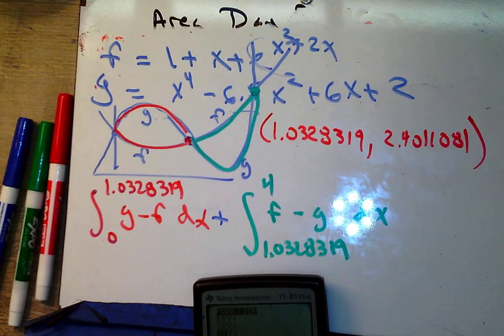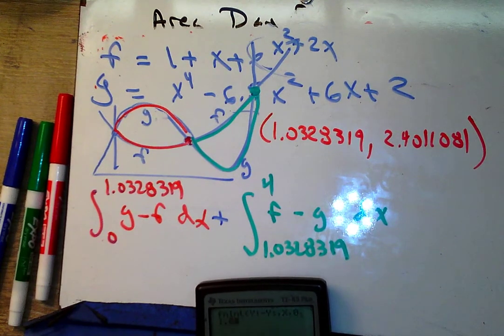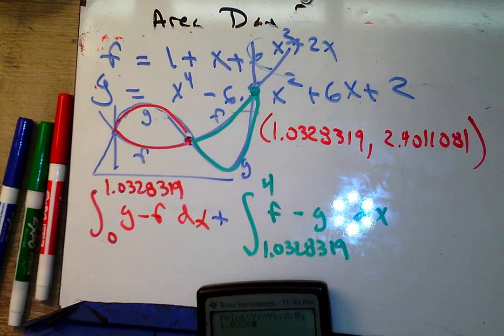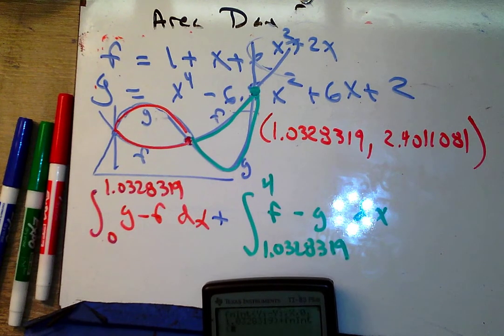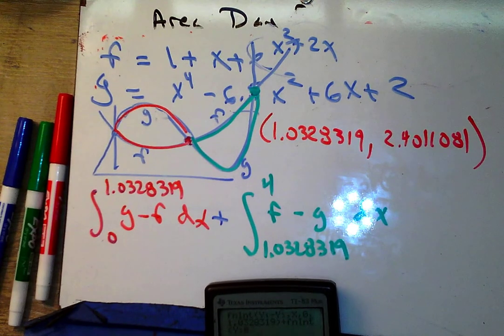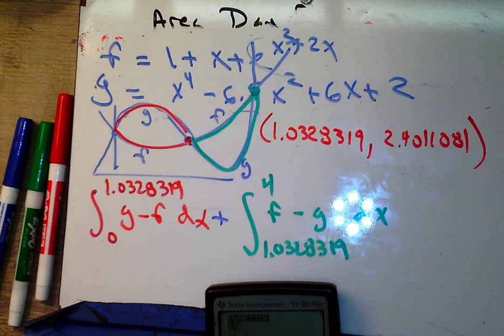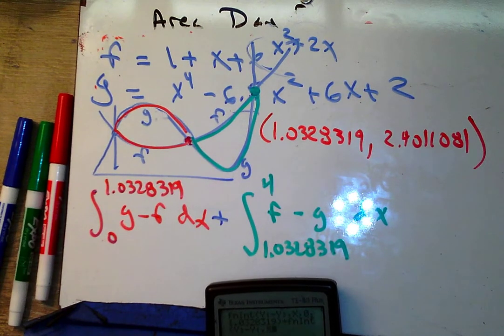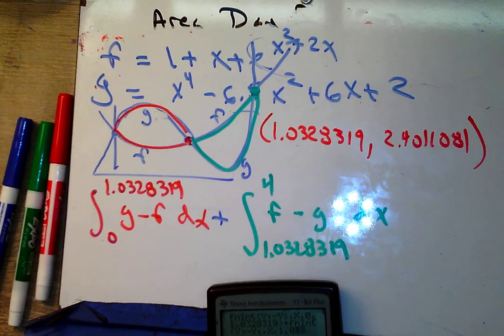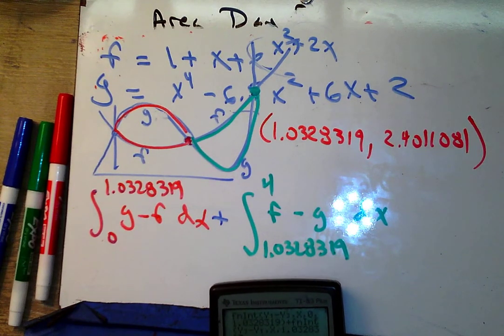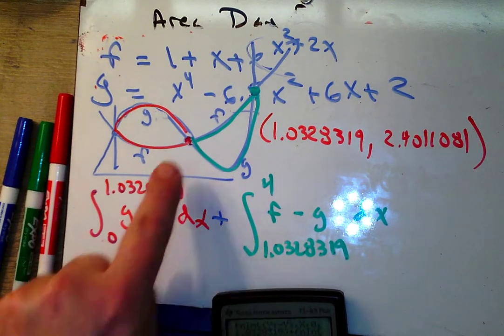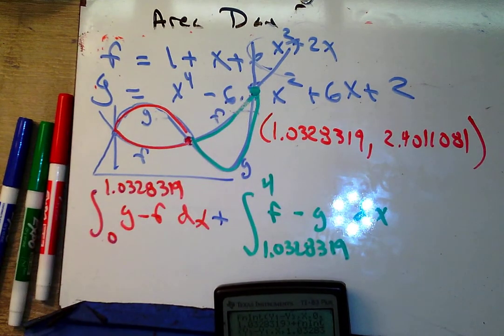I'll put this one in y3, comma x, comma 0, comma 1.0328319, plus the integral of y3 minus y1, comma x, comma 1.0328319, comma 4. Okay.